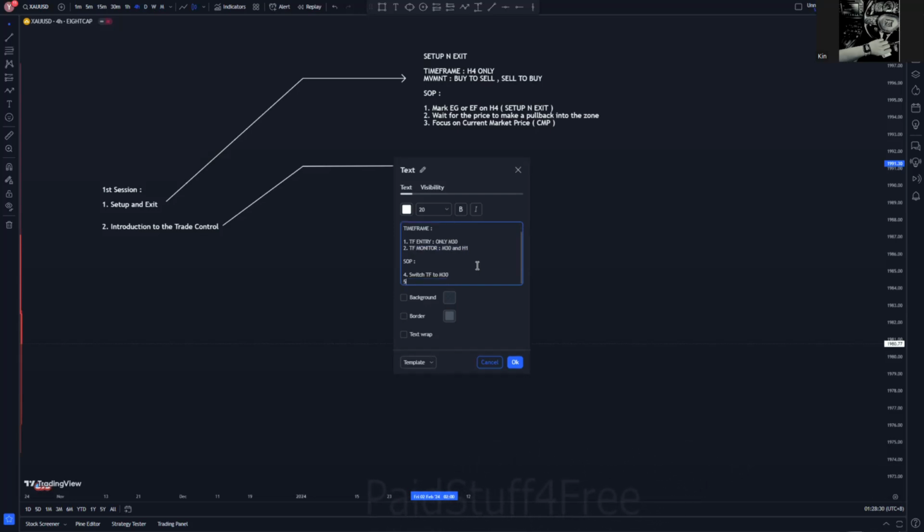Then number 5: we are going to look for the same EG or EF as our setup.